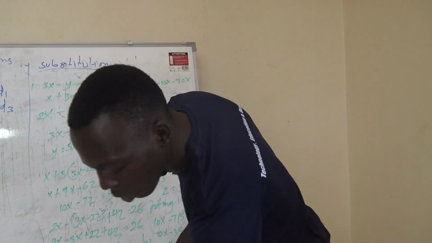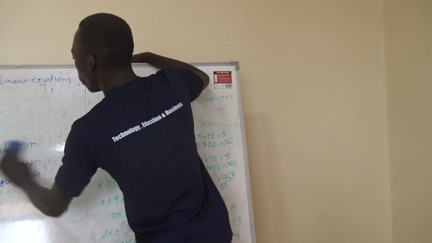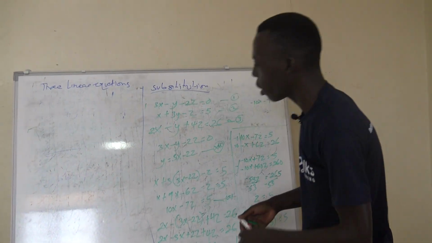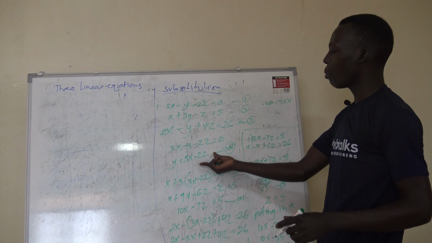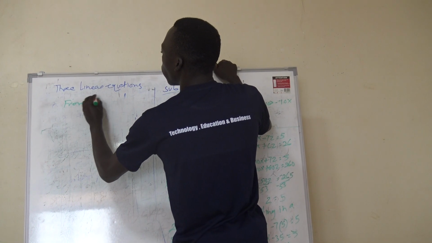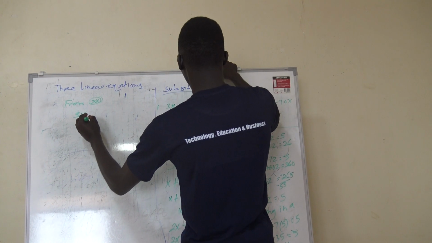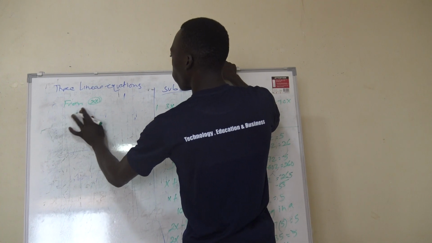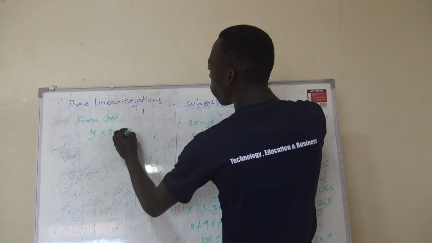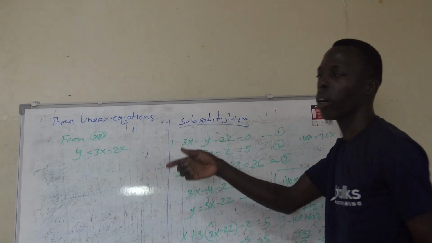Now after getting x, remember we are solving the equations by getting the values of x, y, and z. So we have x and z, we have to get y. From equation star, we have that y equals 3x minus 2z. So put in the values of x and z to get y.